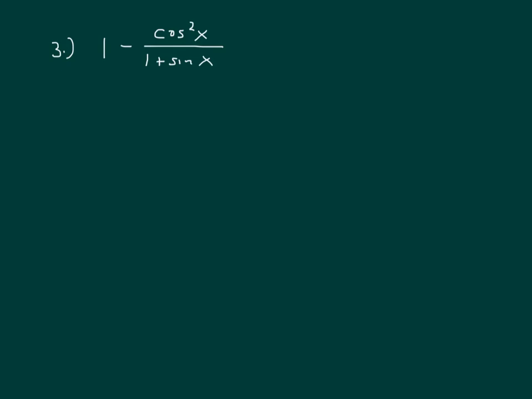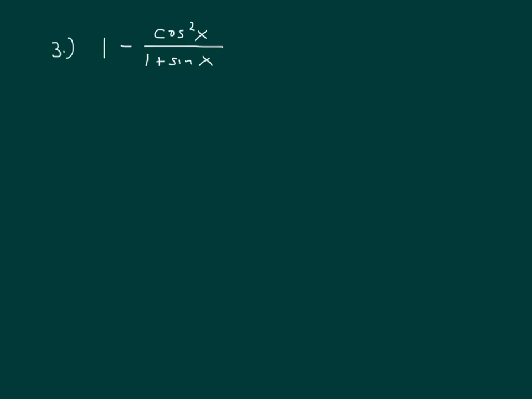What I have with this one here, I want to simplify this expression down as far as I can. There's a couple different ways we could go about this one. Option one would be to write this as a fraction, get a common denominator, and combine them. Option two, though, I think is going to be a better way. We're going to use a Pythagorean identity.